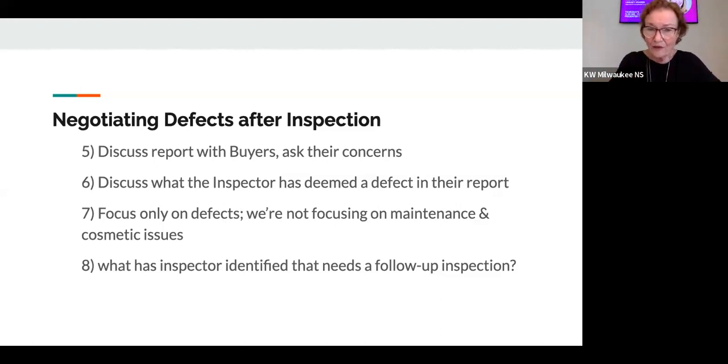What has the inspector identified that needs a follow-up inspection? In this information gathering period, you want to make sure that you and the buyer are on the same page, and the buyer is aware that asking for these repairs, asking for these things from the seller, is going to take this contract into its next phase.